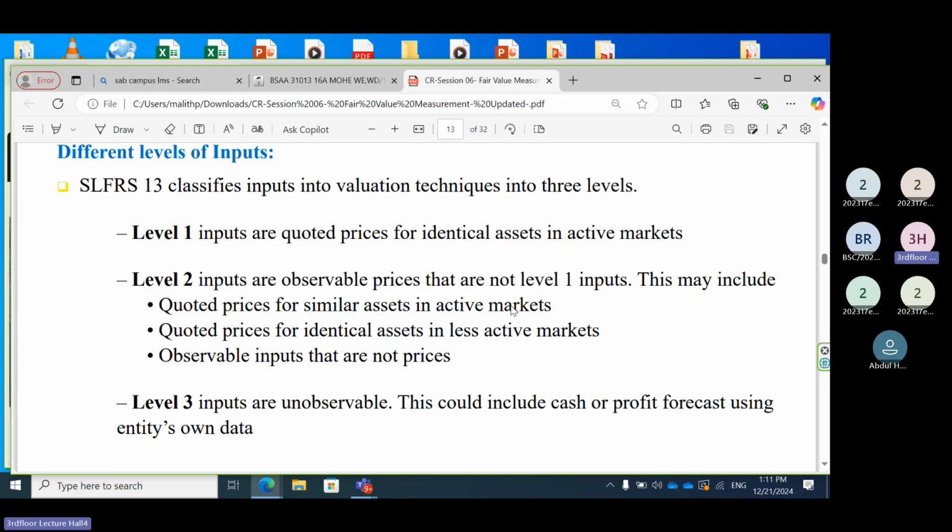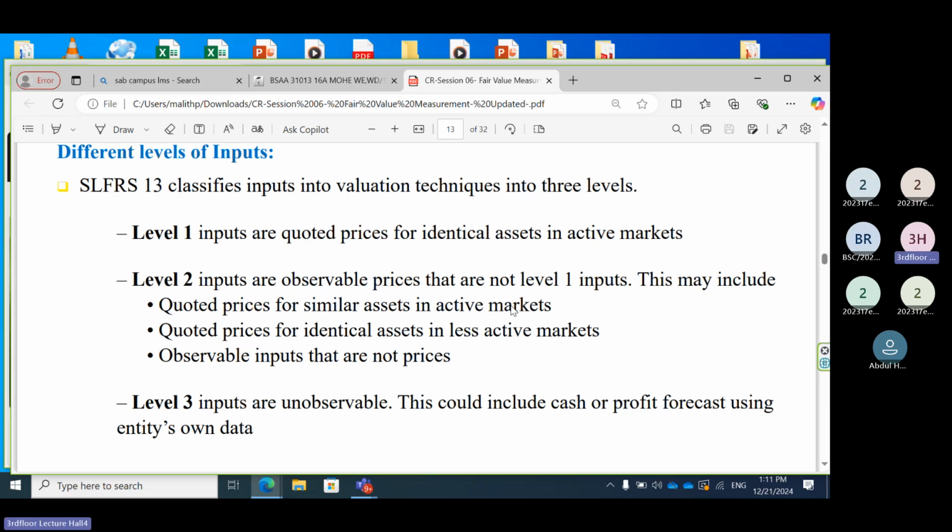All those things can be evaluated and then you can decide the similar asset price, give a weightage, and do the valuation of your asset. So that is called level 2 valuation.